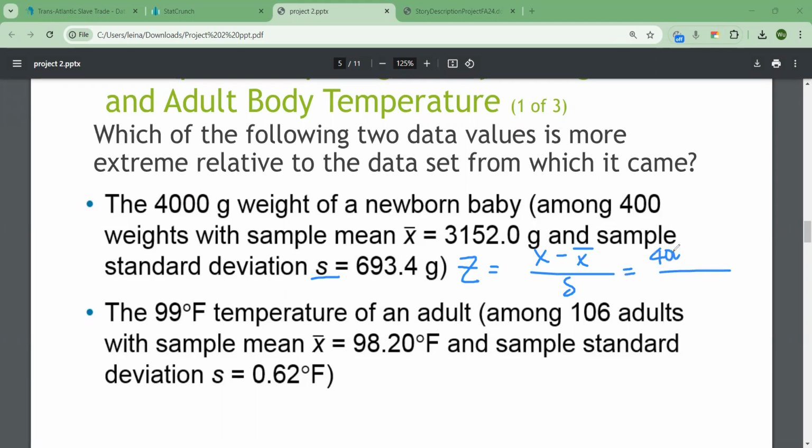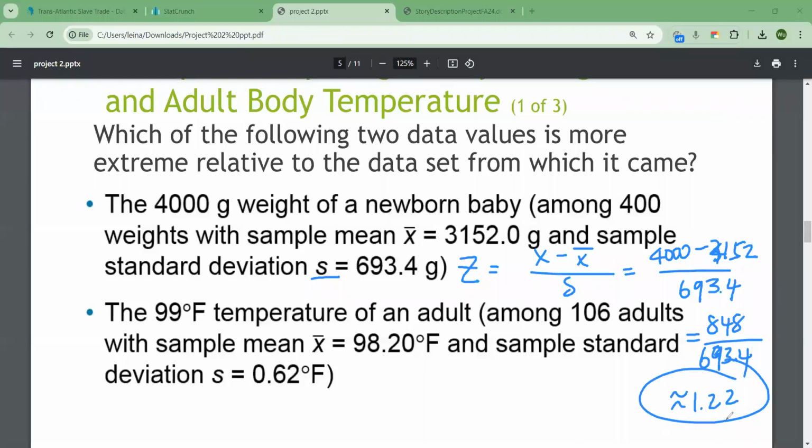So you go 4,000 subtract 3,152 divided by 693.4, and you should keep 2 decimal places for this. If you do the calculation, the z-score is 1.22, meaning this 4,000 gram weight is 1.22 standard deviations above the mean.